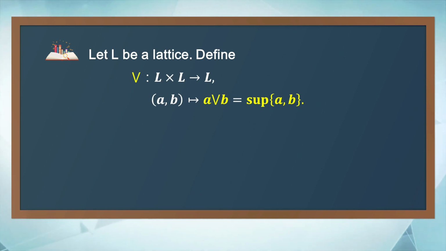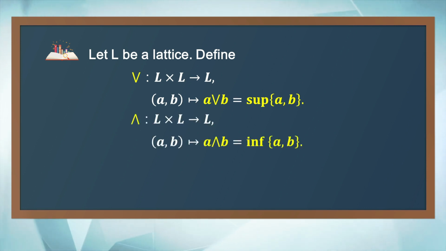The value of this function at the ordered pair A, B is A join B, or the join of A and B, which is assigned the supremum of the pair. Likewise, we can define the meet operation as follows. The value of this function at the ordered pair A, B is A meet B, or the meet of A and B, which is assigned the infimum of the pair.